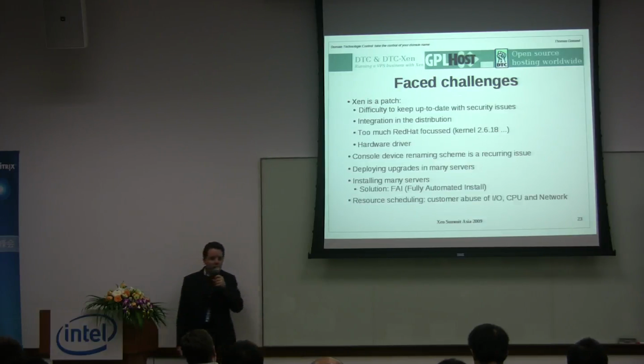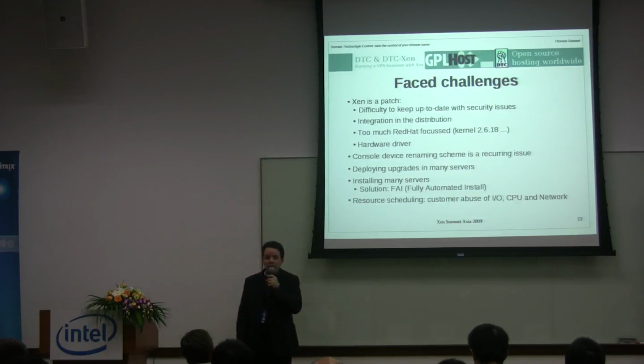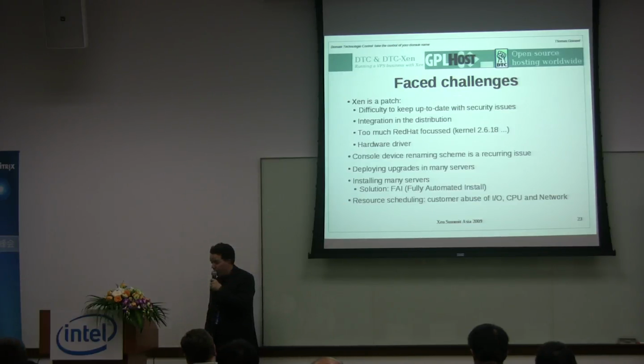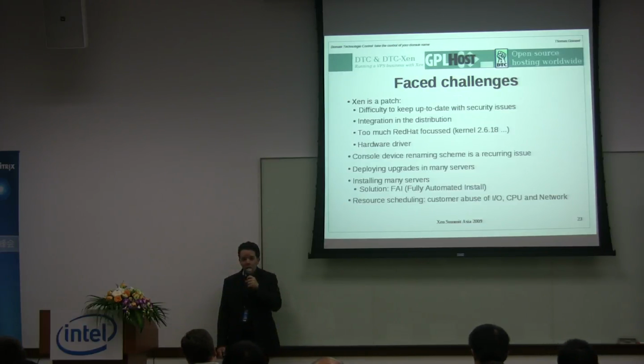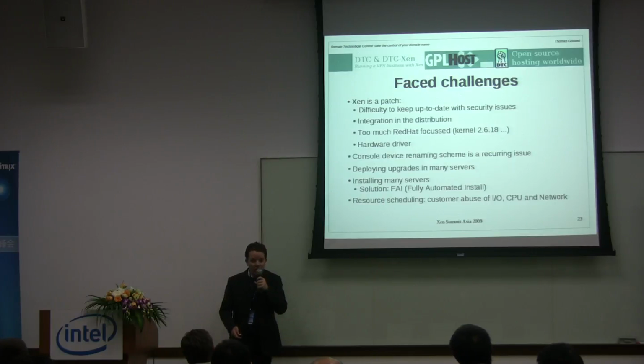Resource scaling. CPU is really well scheduled. We have no issues with that. But when there's one customer sending thousands and thousands of UDP packets, then the server goes down. And then I have to use the KVM of my server.